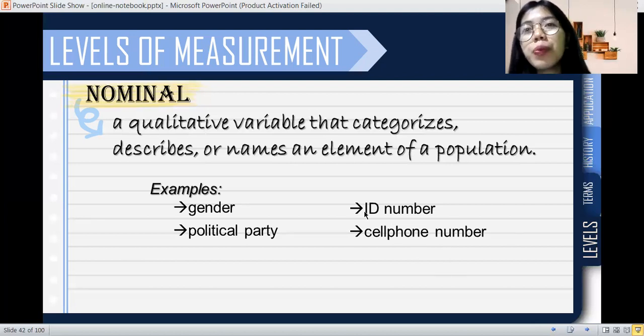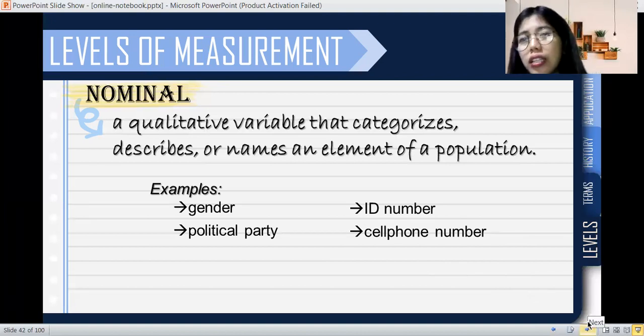So, ang gamit po ng mga numbers na to is only to categorize, is only to describe and to name a certain person maybe or something like that. So, yun po yung nominal natin. Yung numbers po dito ay wala po siyang value. Instead, ginagamit lang siya to categorize, just like what I've said.